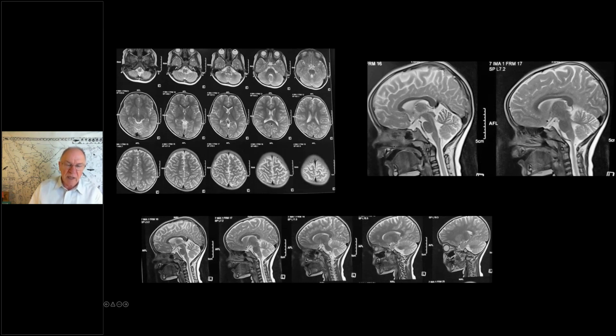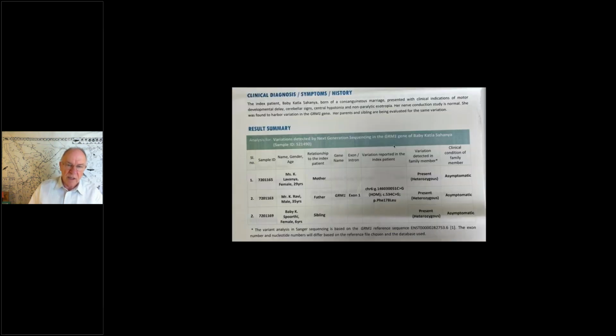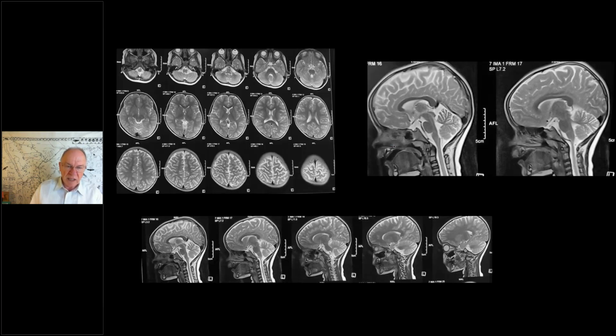The puzzling thing, well documented for the ITPR1 gene, a dominant gene, is that the clinical situation is stable in the long run while the MR can get worse over time. So additional cerebellar volume loss does not necessarily mean that you lose clinical skills. I hope this was confusing enough.